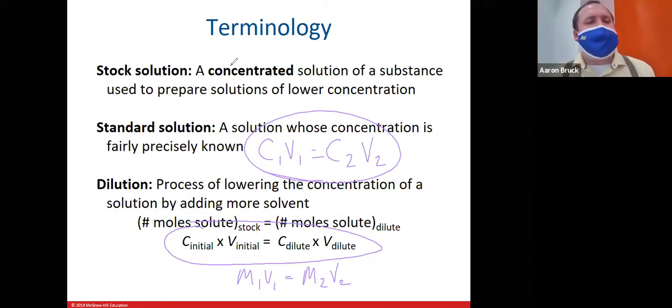So long as C1 and C2 have the same concentration unit, they can be any concentration unit. So I can use this equation, C1, C2, and it can be molarity, it can be percent by mass, it can be mass volume percent, it can be any of them.